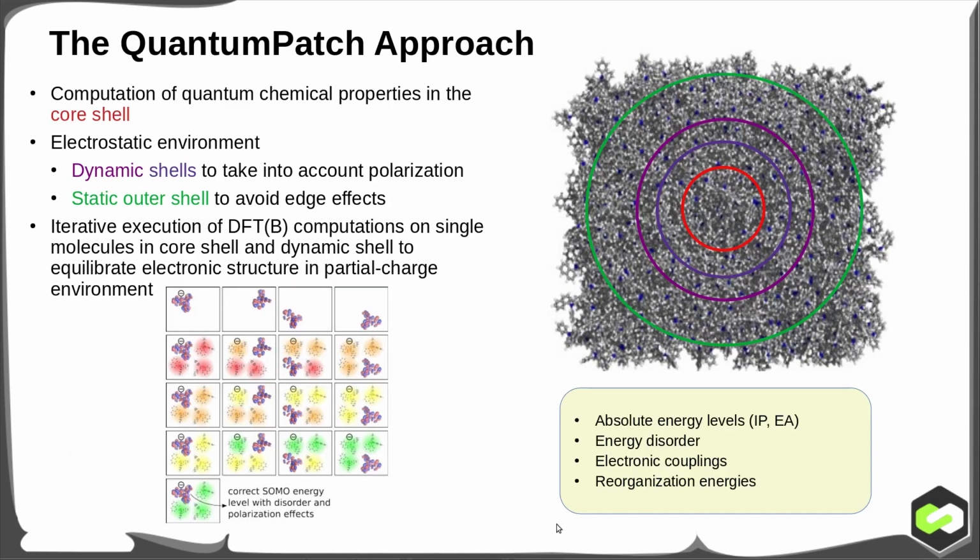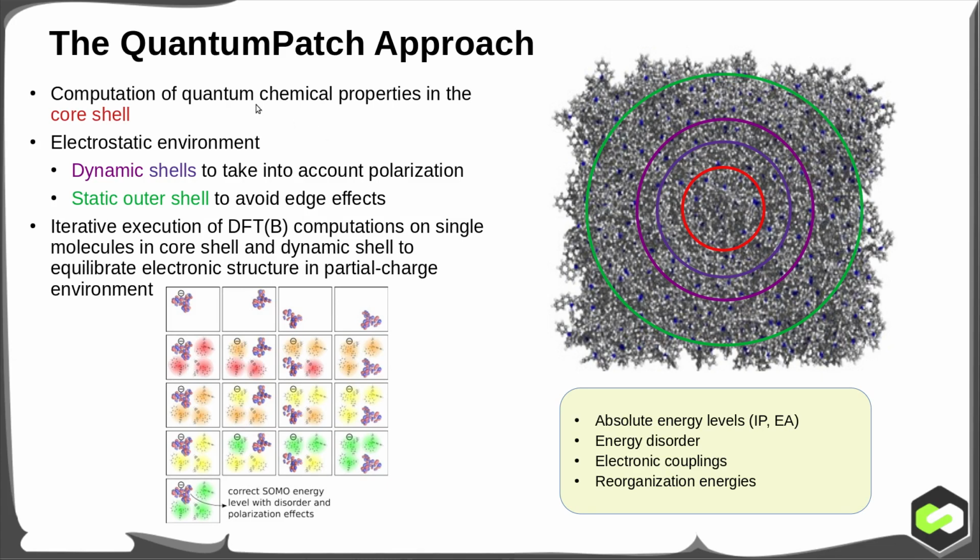In order for you to be able to understand the settings that we later set in QuantumPatch, let me give you a brief introduction to the QuantumPatch approach in general. As I mentioned before, it's crucial to take into account the electrostatic environment of each molecule for which you want to compute a quantity.